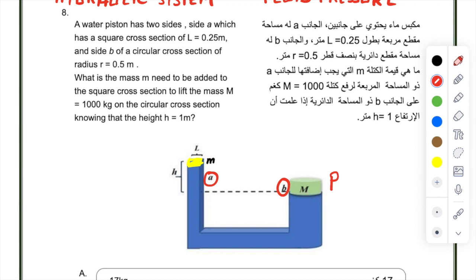Starting with B, the pressure on B is actually nothing else than the force divided by the cross-sectional area. Now the force here is provided by the force of gravity, which is the mass, capital M, times G, and the cross-sectional area, because it's a circular cross-sectional area, is pi r squared.